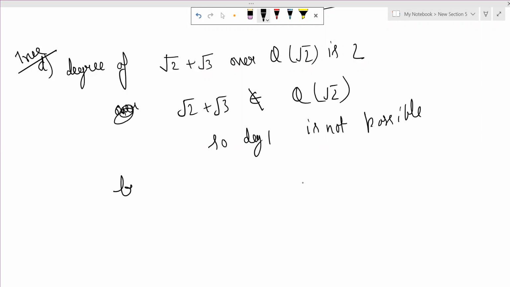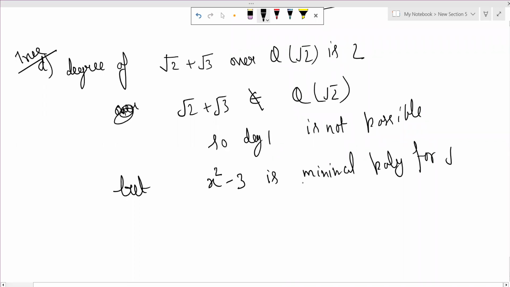But x square minus 3 is the minimal polynomial for root 3 over Q root 2.